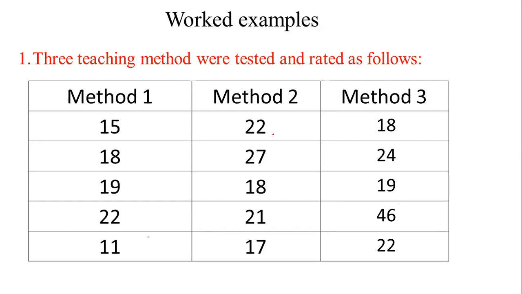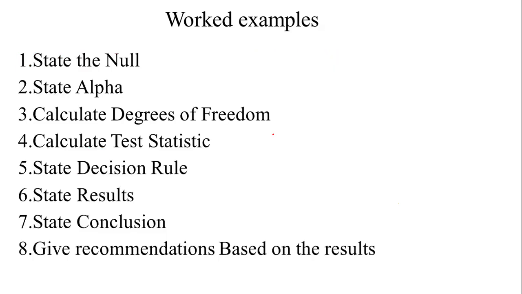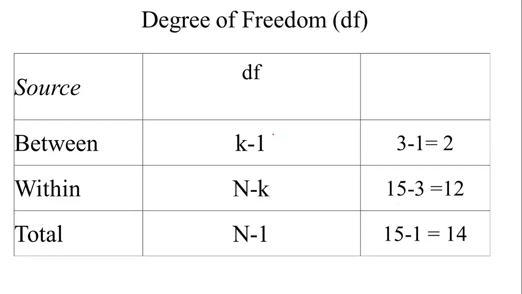So the first thing in this process, you'll have to calculate the degrees of freedom. And we have a table here, and the degrees of freedom are calculated somewhat differently from the other tests we deal with.